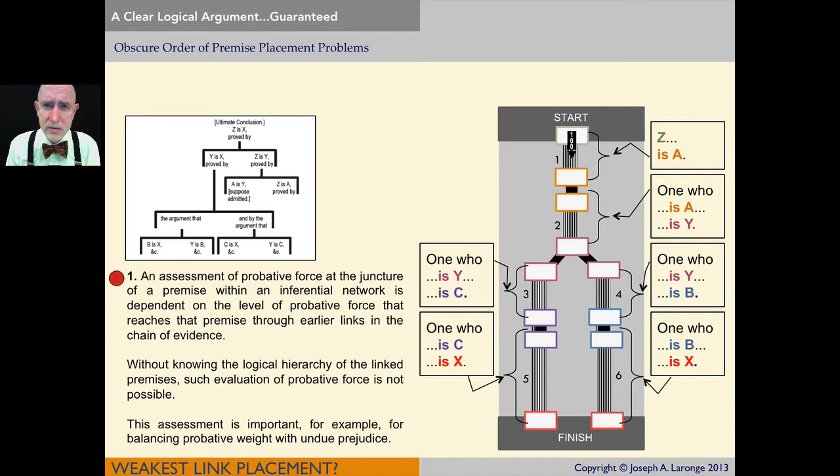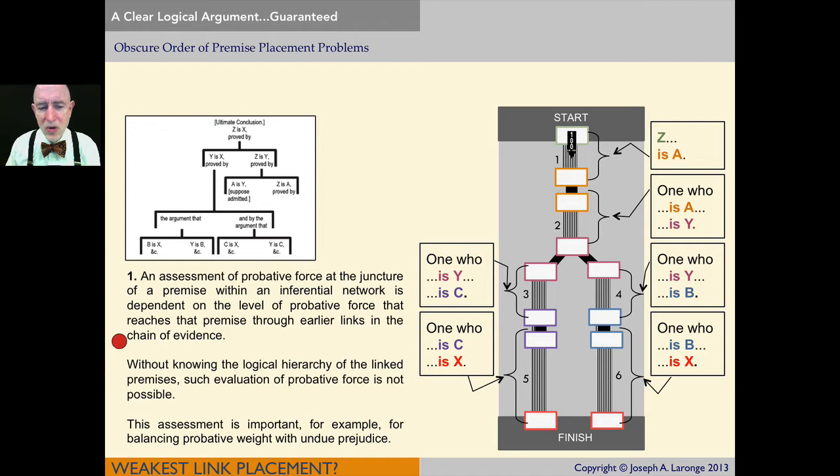Well, with arguments, you want to be able to follow the inference. You want to follow the path of certainty and uncertainty that travels through the line of reasoning so that you can assess how much certainty ends up at the end. Is it beyond a reasonable doubt, by a preponderance of evidence, depending on what the standard is.